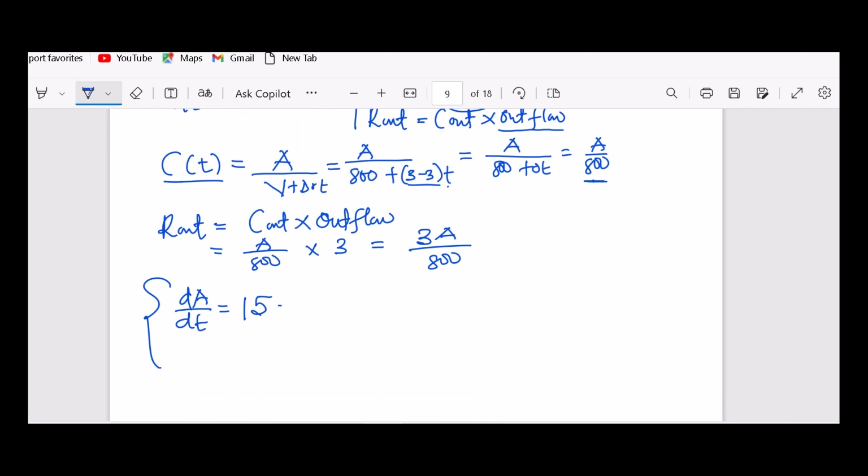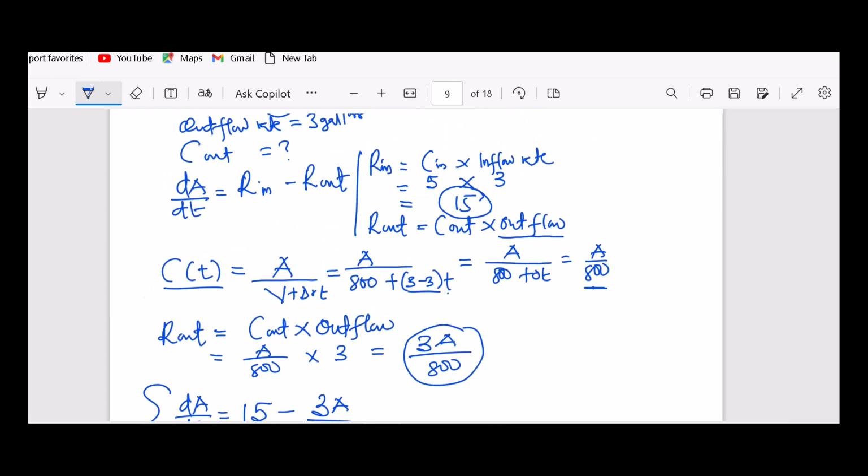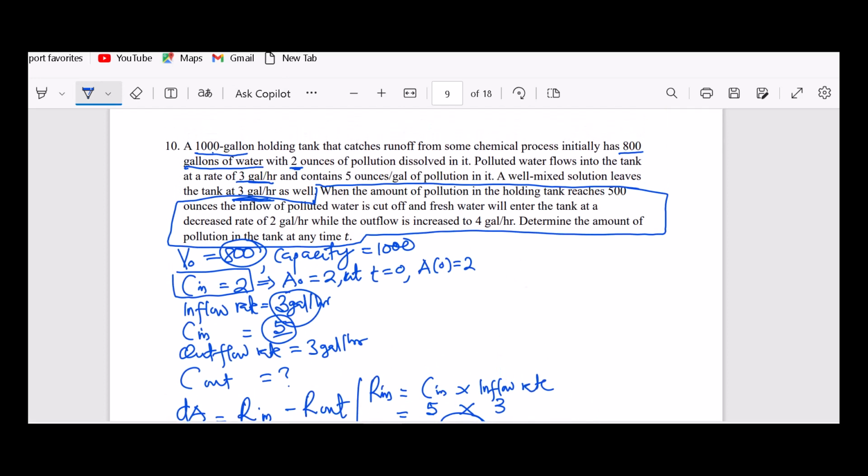15 minus the rate out, which is now 3A all over 800. Now, if you go back to the question, they said the chemical process initially has 800 gallons of water with 2 ounces of pollution dissolved in it.